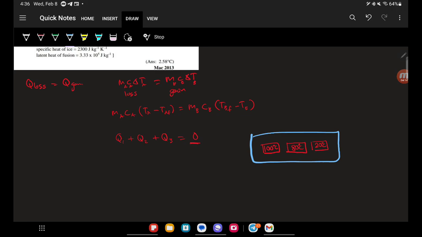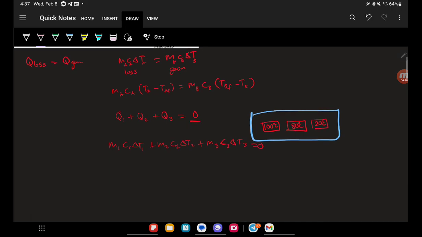Okay, so how are you going to solve this equation? You just follow through the equation. M1 C1 delta T1 plus M2 C2 delta T2 plus M3 C3 delta T3, and then this one equals 0.